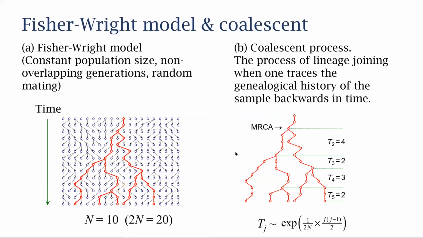And instead of focusing on the whole population, this is just for illustration, a small population of only 10 individuals, so we have diploids, so there are 2n or 20 sequences at any genomic segment or locus.